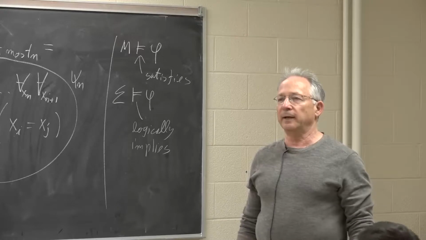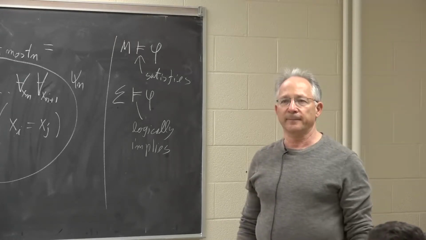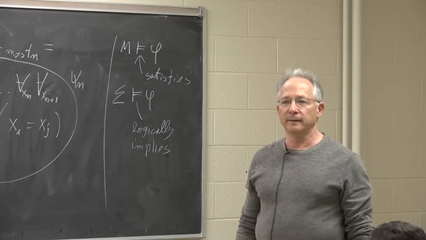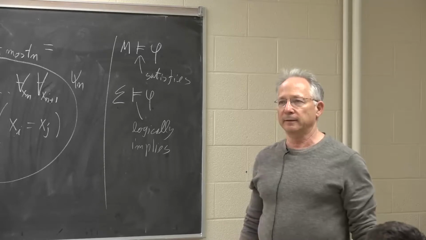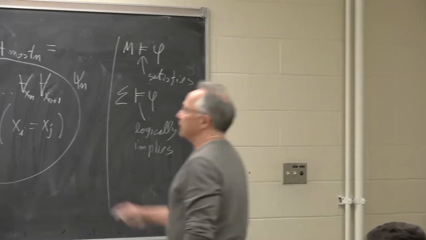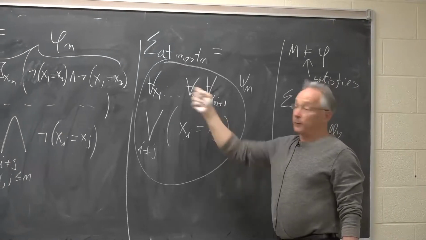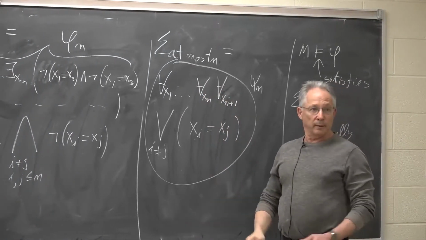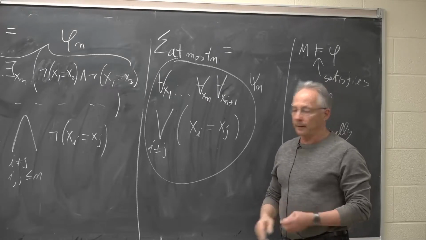Can you give me a sigma that will tell me the structure has exactly n elements? Yes? Phi n and psi n. Right. Because this one will say I have at least n elements, and this one will say I have at most n elements. So if I require both of them together, I will get the requirement that I should have exactly n elements.